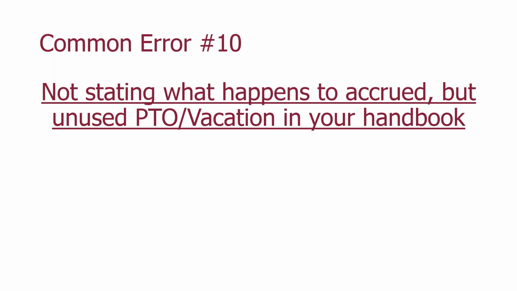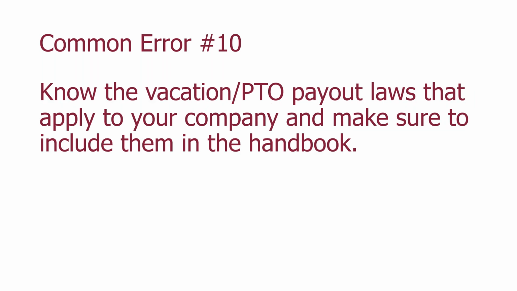Now, some states, you don't have a choice. California, for example: if the employee has accrued but unused PTO or vacation when they terminate, it has to be paid out. But the bulk of the states out there state that whether or not it gets paid out is contingent on the employer's policy. And usually the only place where an employer's PTO or vacation policy is housed is in the employee handbook.